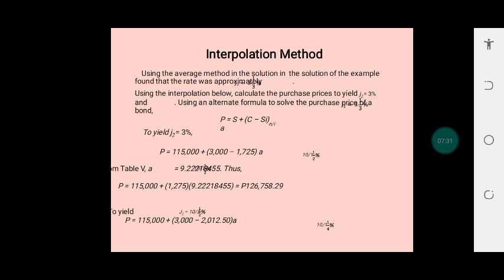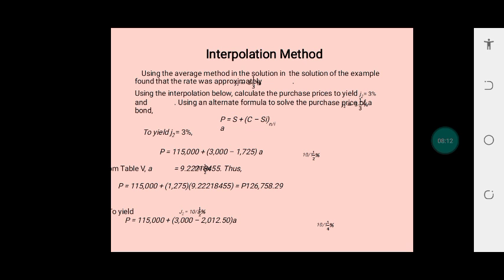The interpolation method is another method for the approximation of bond yield. Using the average method in the solution of the example, we found that the rate was approximately g sub 2 equal to 3 and 1/3 percent. Use the interpolation method below. Calculate the purchase price at a yield of g over 2 equal to 3%, using the alternate formula to solve the purchase price.